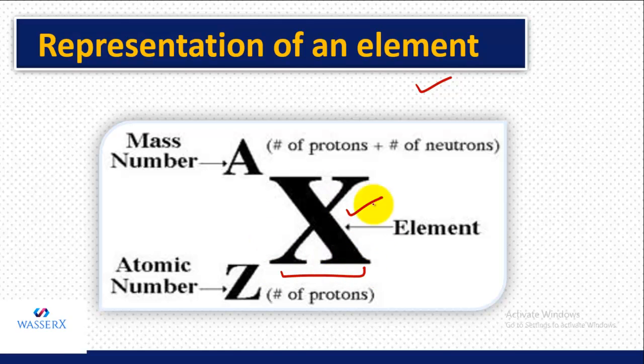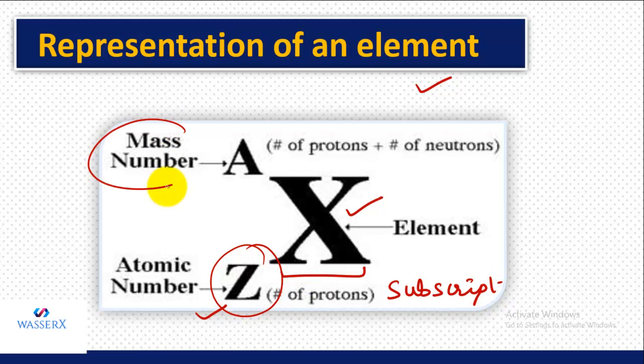Now, the proper way to write an element is to specify its atomic number and mass number. So atomic number is always written at bottom as subscript, and mass number is always written as superscript. So this is the correct or the relevant representation of an element.